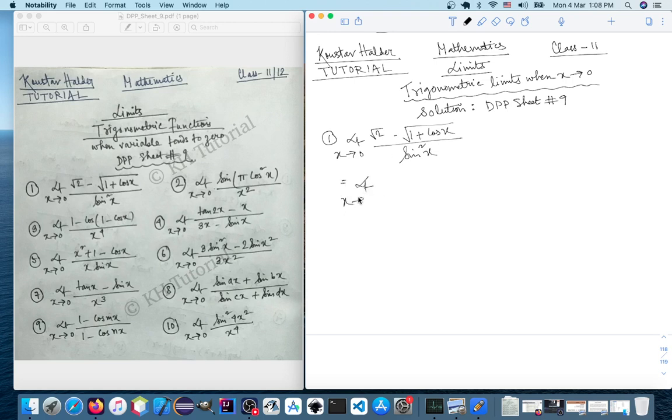We would like to multiply both the numerator and the denominator with the conjugate term.